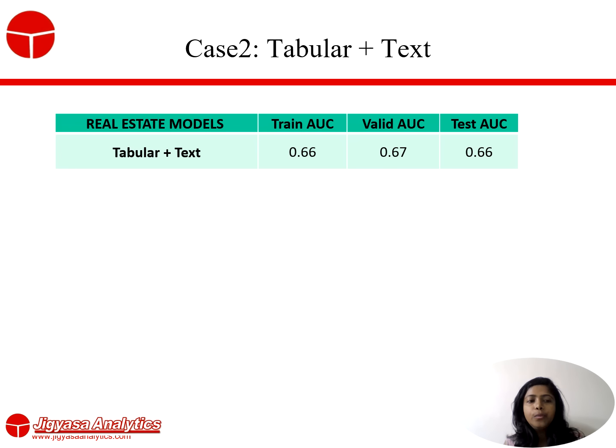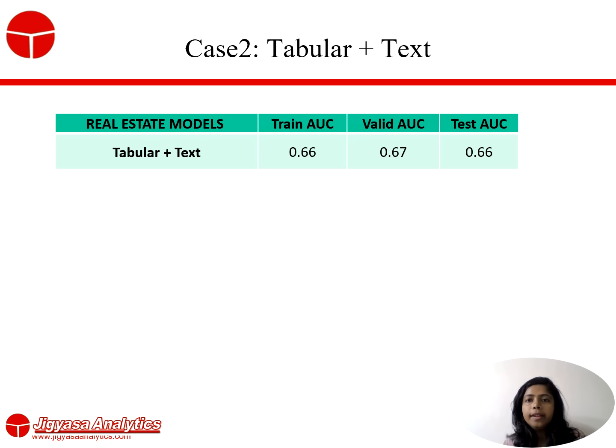On this slide, we show the results when we include text data along with the tabular data to build the model. The real estate data contain detailed descriptions of the houses in natural language, and we decided to include this information in our models along with the tabular information.